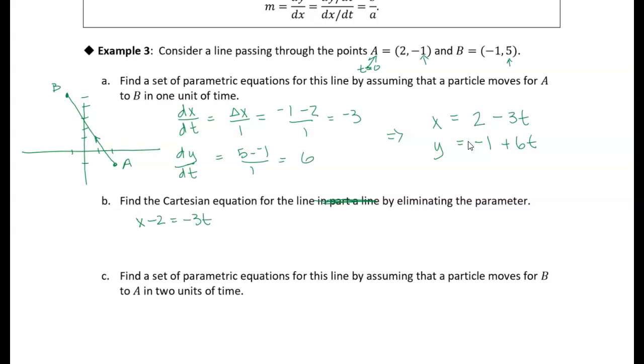So I'm just taking that x equation and rearranging it, and so then I can get an equation for t. It's going to be x minus 2 over -3. Now I can take that expression for t and plug it into the y equation. So I'm going to get y is equal to -1 plus 6 times x minus 2 over -3.